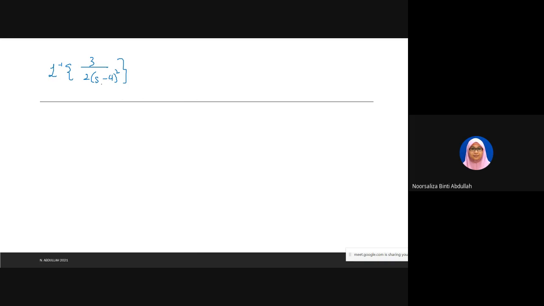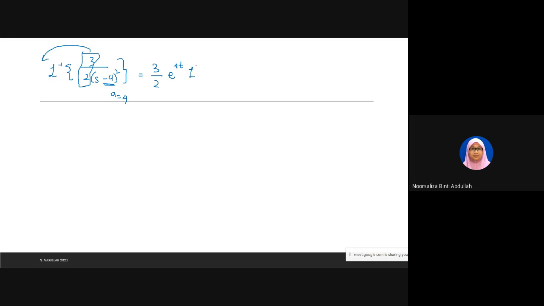So here, your A is equal to 4. This one is a constant, so you bring it out. Then you have 3 over 2. This A is actually the exponent for t.